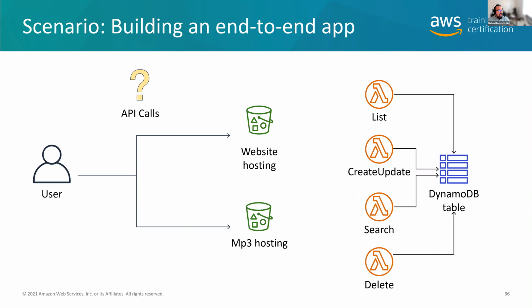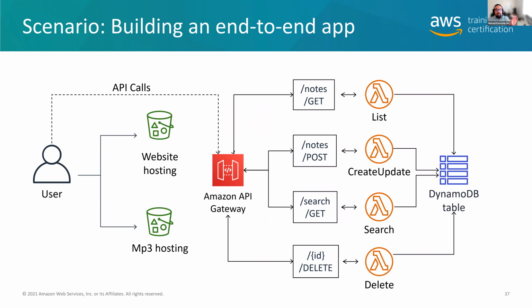We were concerned about API calls. This is how we solve that: now our website can make dynamic calls from, let's say, client-side JavaScript. It can just call the API Gateway, update the DynamoDB table, and then respond. So you can post, get, delete, and do all the stuff. This is where API Gateway enables us to run a completely serverless setup, because now dynamic client-side code, for example JavaScript, can just call these APIs directly.